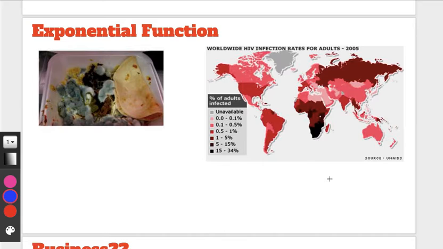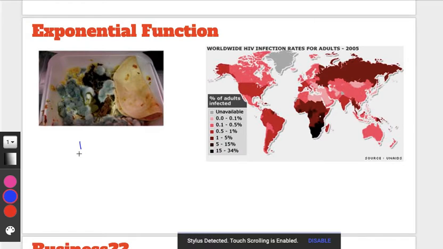Speaking of modeling, in this unit we are going to discuss more about how to use exponential functions to model real life situations. But let's just quickly imagine, for example, that one mold can double every 5 minutes. This is one.